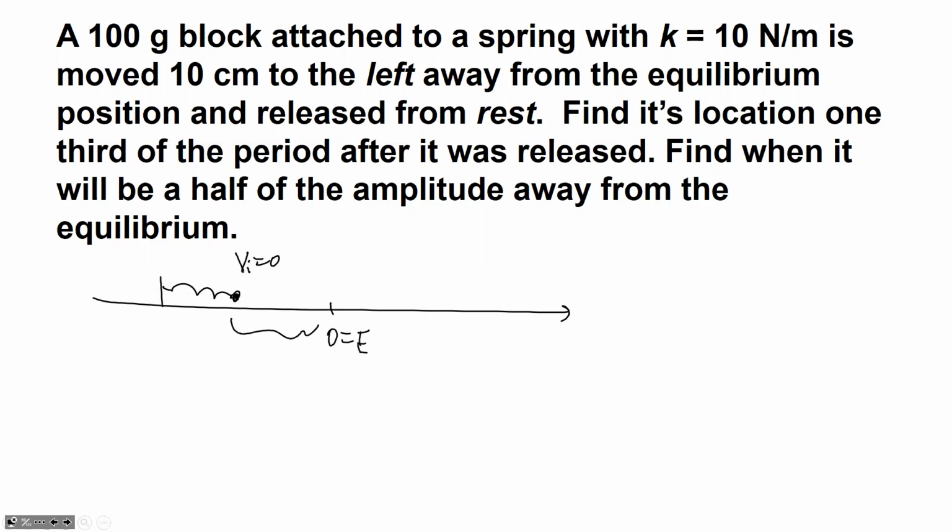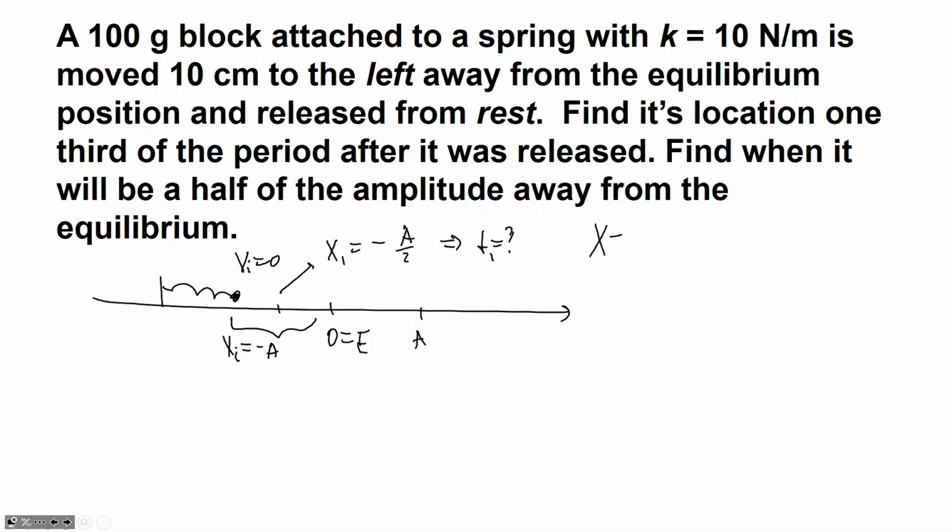This distance equals one amplitude. X initial equals negative amplitude. So of course, first time it will be a half of the amplitude here. This is x1 equals negative a half of the amplitude. And our goal is to calculate when that happens.